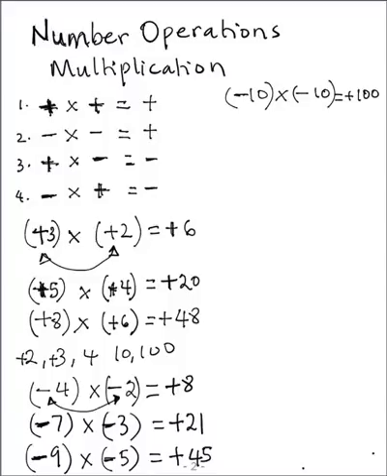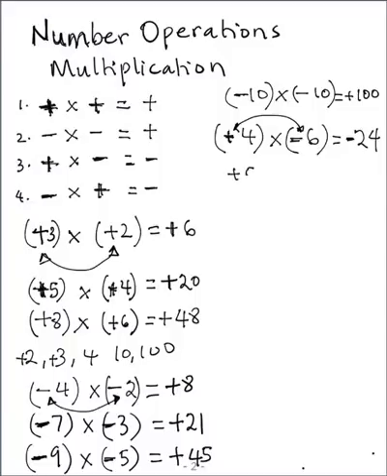So we'll take plus 4 multiplied by minus 6. So plus times minus again. We want to check. Plus times minus will give us minus, and then 4 times 6 will give us 24. Let's try plus 5 multiplied by minus 3.